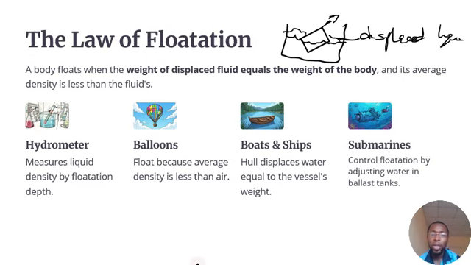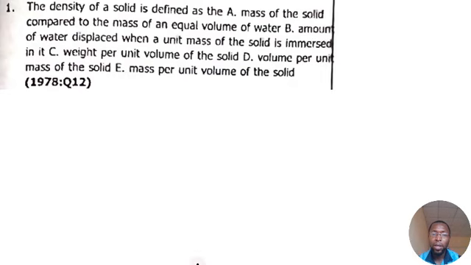The displaced liquid, when you put the object inside the water, its weight is always equal to the weight of that object itself. So these are the areas of application of the law of flotation, which is also supported by Archimedes' principle.